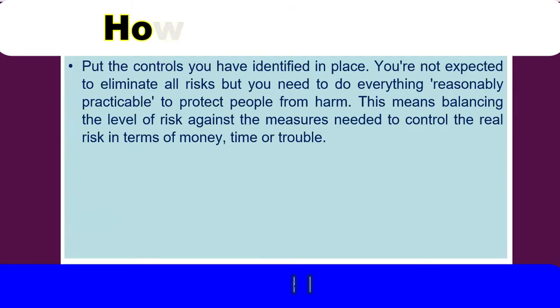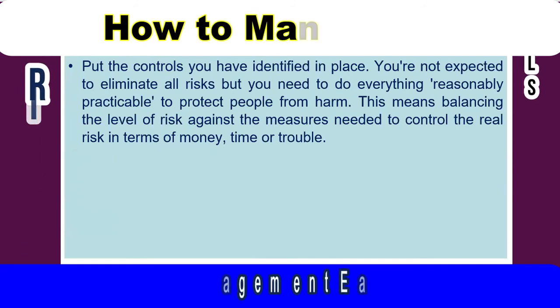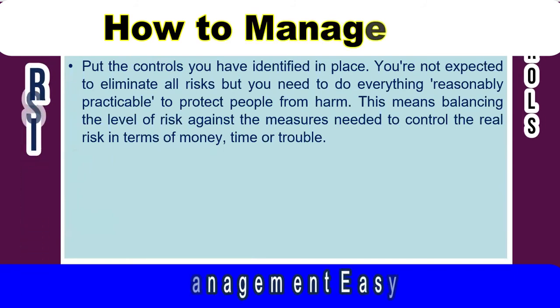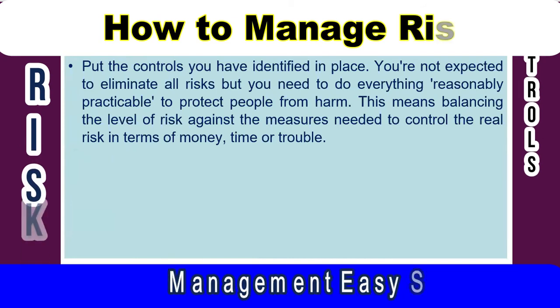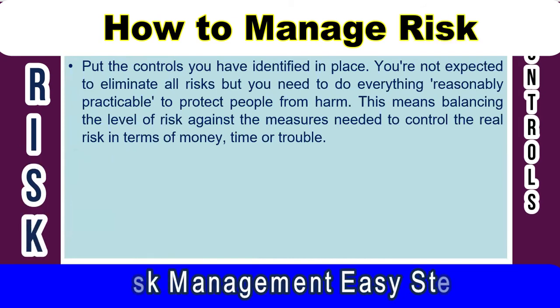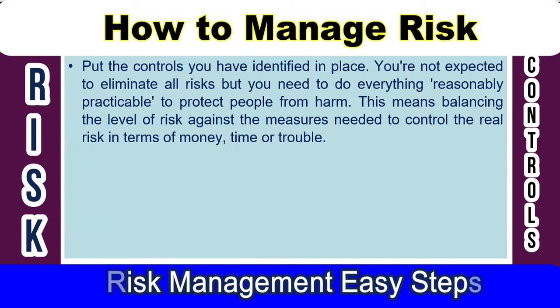Dear friends and fellows, put the controls you have identified in place. You are not expected to eliminate all risks, but you need to do everything reasonably practicable to protect people, workers from harm. What is the meaning of reasonably practicable? This means balancing the level of risk against the measures needed to control the real risk in terms of money, time, or trouble.